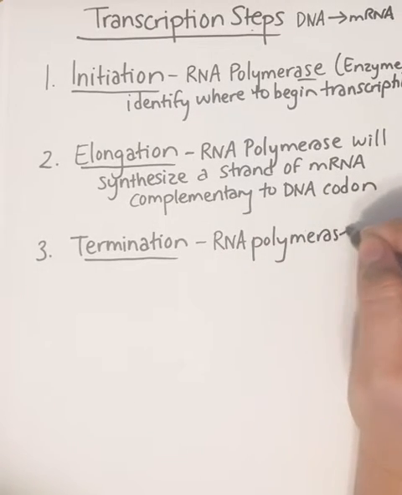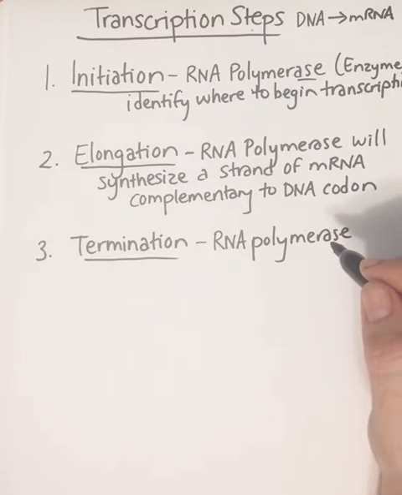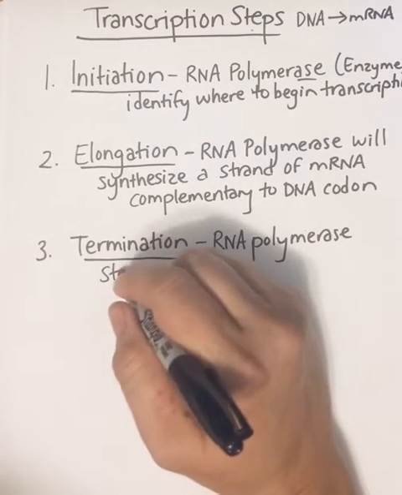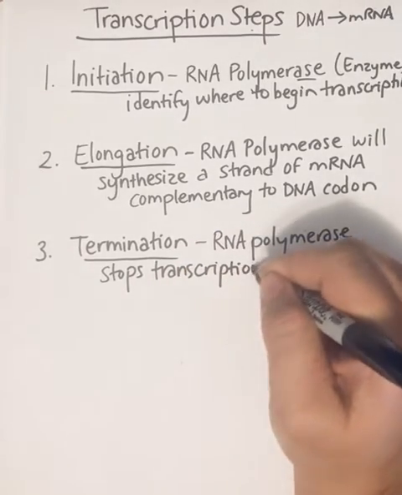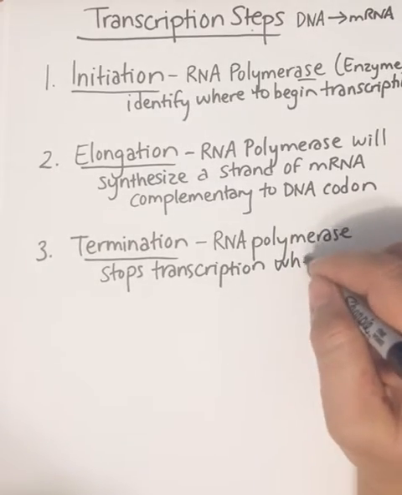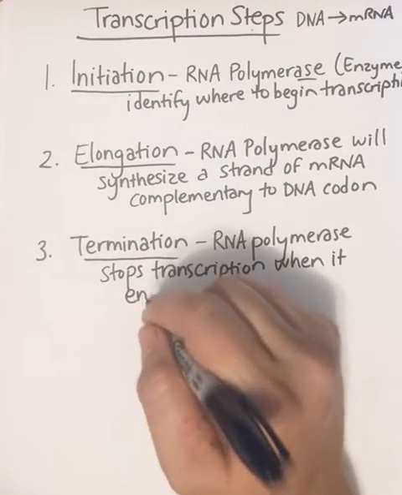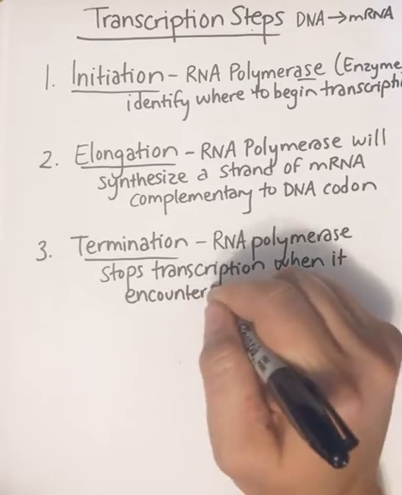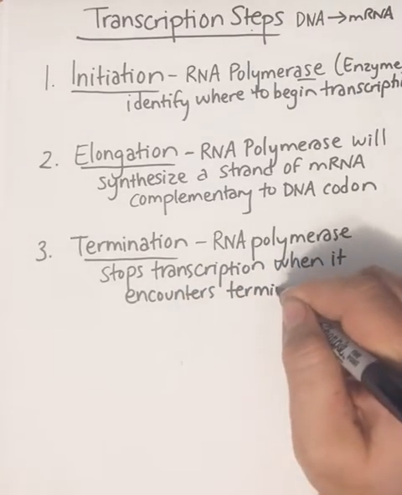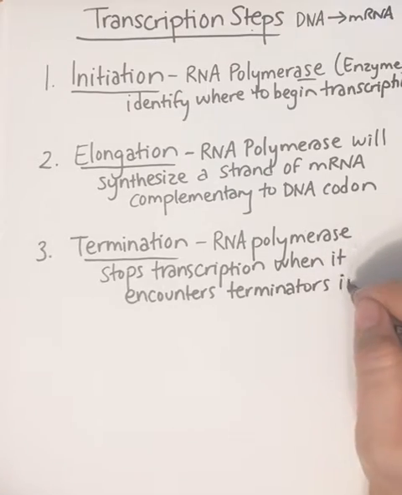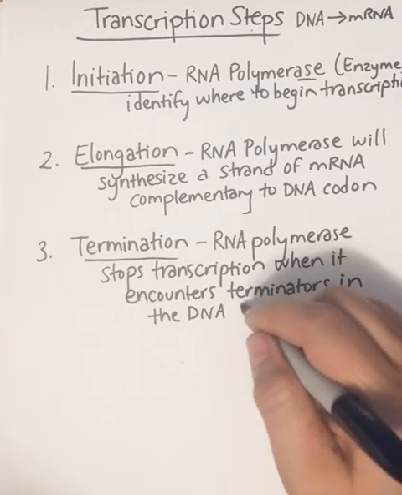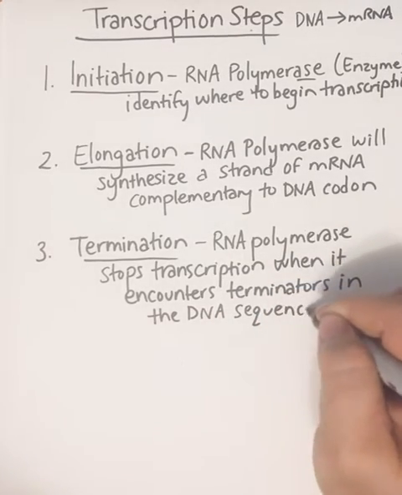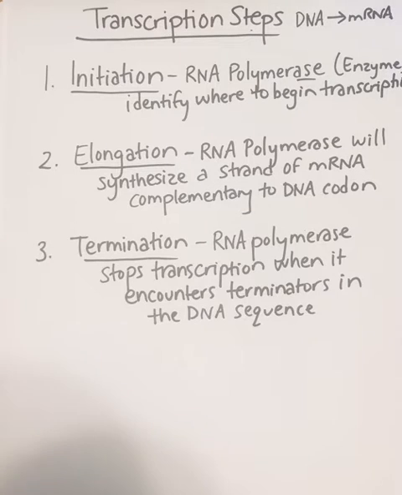RNA polymerase, again, it's an enzyme, is going to stop transcription when it encounters terminators in the DNA sequence. Now, once it hits a terminator, it's basically just going to release off of DNA.